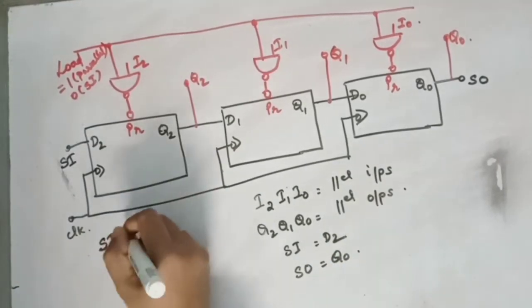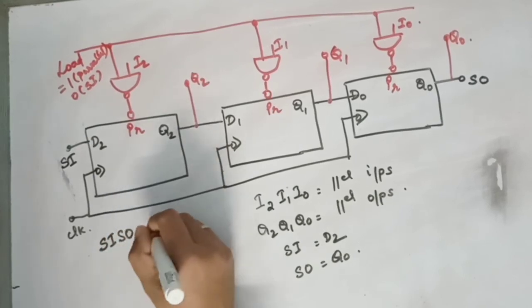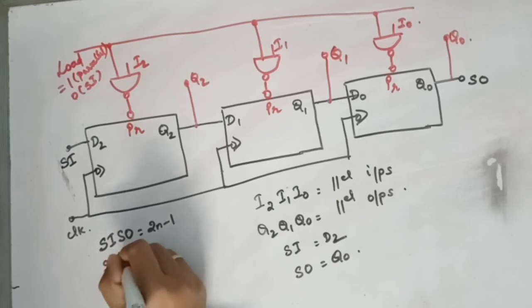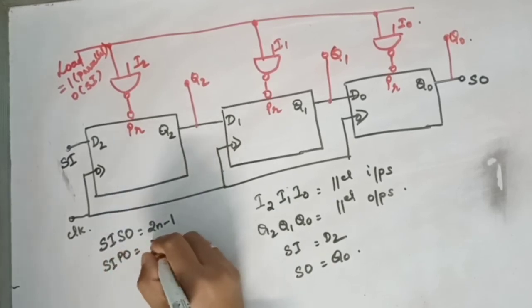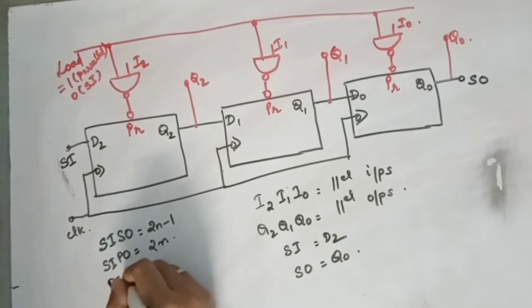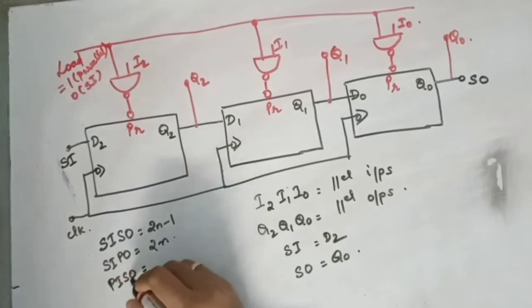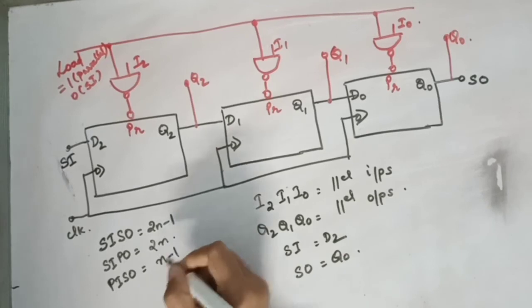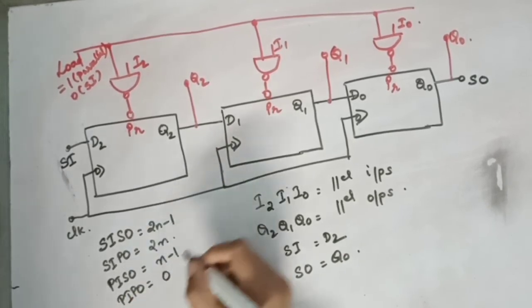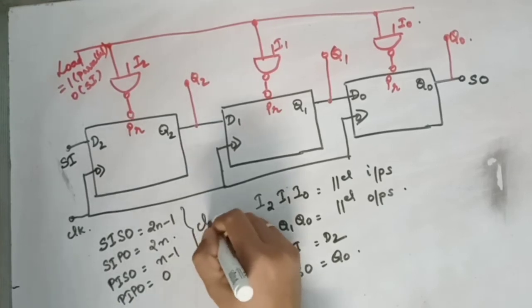Serial in, serial out requires 2n minus 1 clock cycles. Serial in, parallel out requires n clock cycles. Parallel in, serial out requires n minus 1 clock cycles. Parallel in, parallel out requires 0 clock cycles.